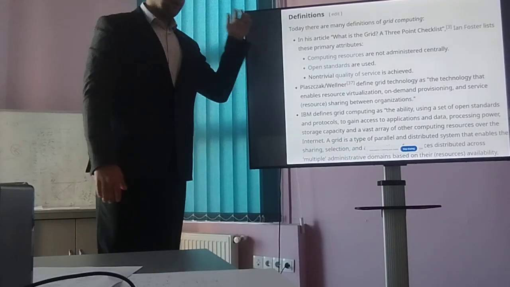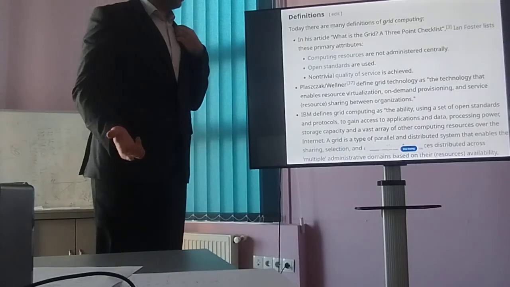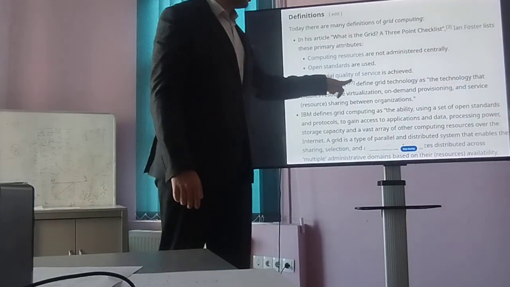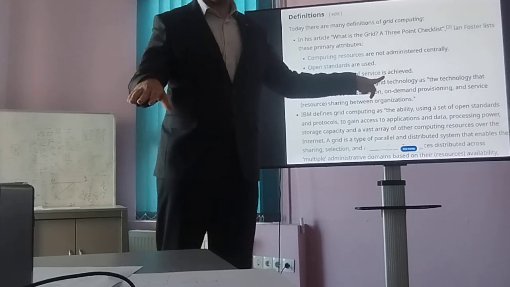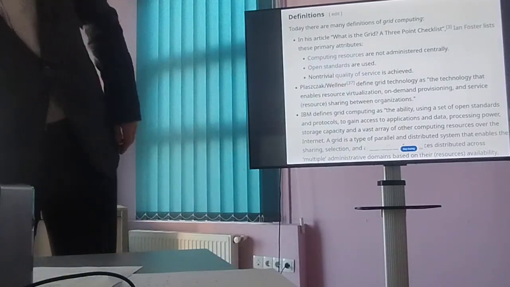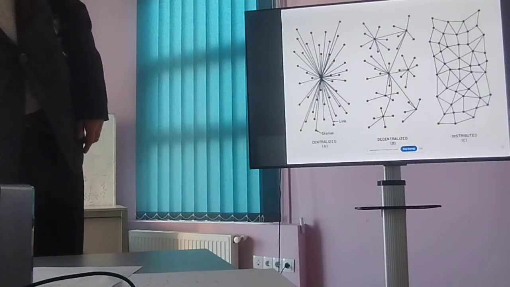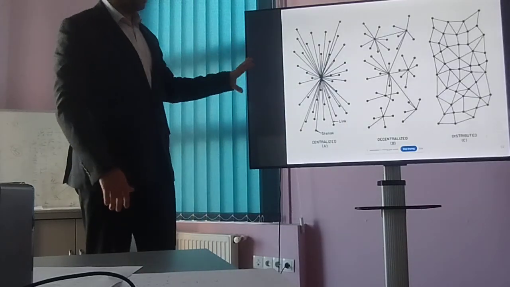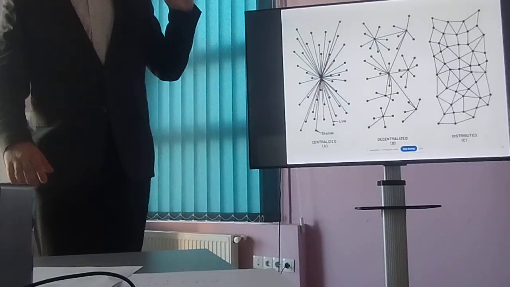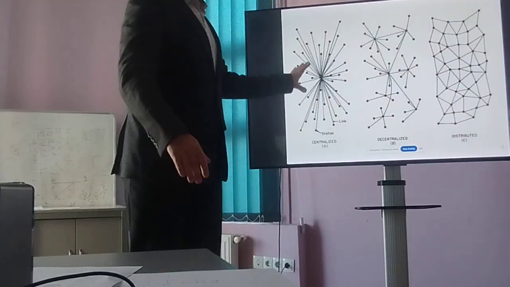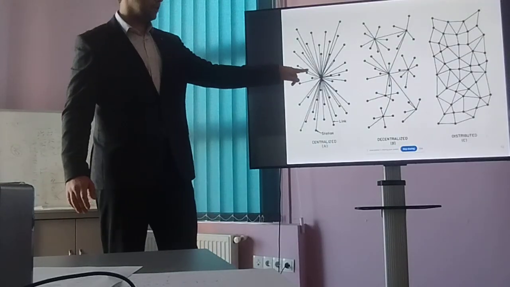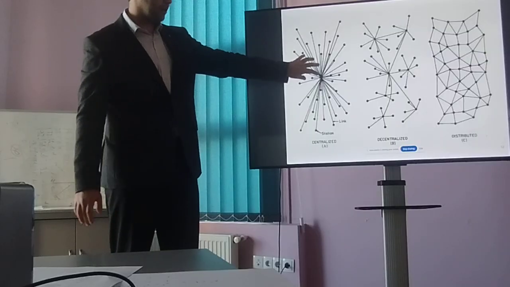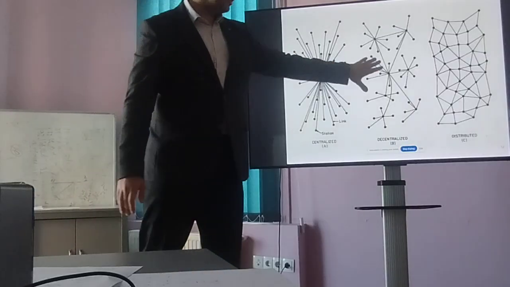This won't be an example of the definition, because there is no clear definition. But the interesting point is non-trivial quality of service. We talked about this, yes. So, distributed systems, that's the best I have found. You see the centralized: the users and the central server are interconnected like this.